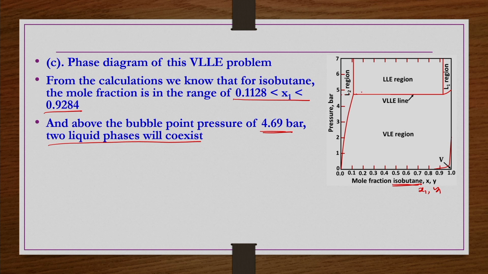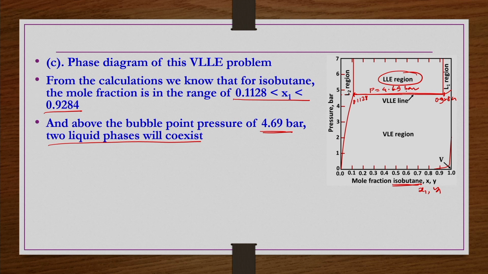We draw the line of P equals 4.69 bar system pressure, and then we locate the mole fractions 0.1128 and 0.9284. Above this pressure we know only liquid phases would be there, and two liquids are coexisting.